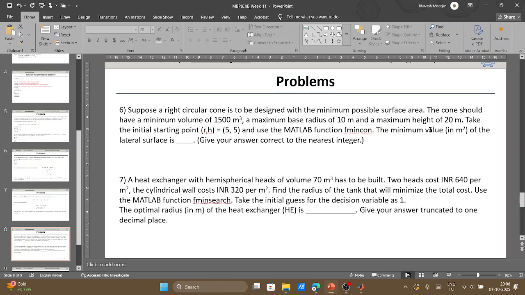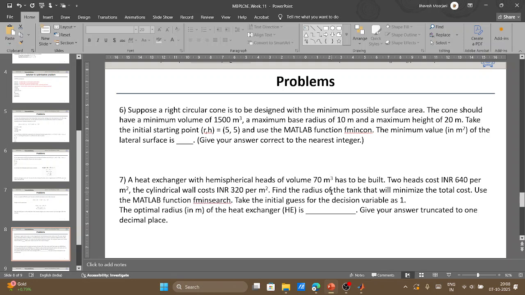The cone volume has been given, so it's a fixed value, so some equality constraint. Maximum base radius is given, maximum height is given, so there are constraints on radius and height. An initial guess value is provided. Use the fmincon function to find the minimum value of the surface area, right? So you have to create a function here on your own.